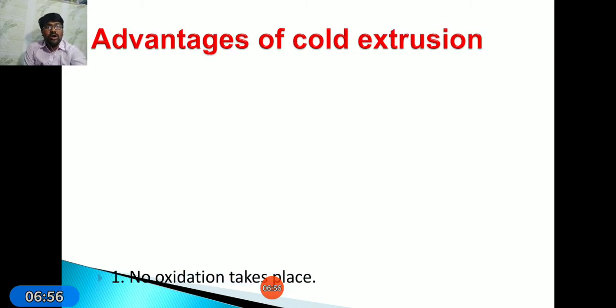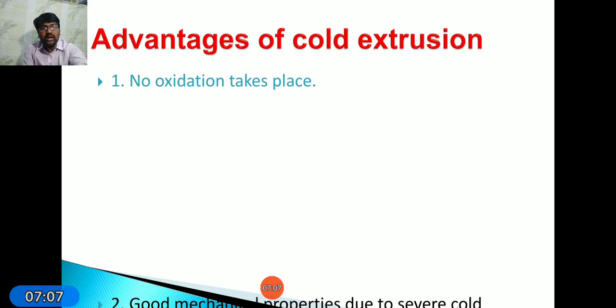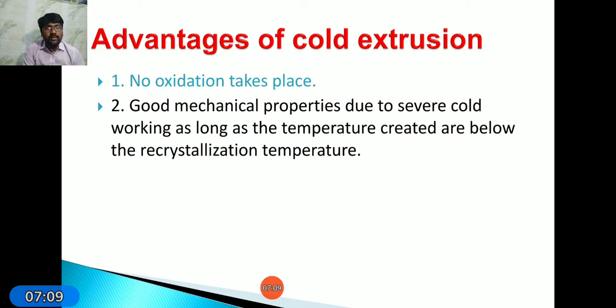Next, coming to advantages of the cold extrusion process. In this process, no oxidation takes place because here we are not increasing the temperature of the workpiece. Next, good mechanical properties due to severe cold working, as long as the temperature created is below the recrystallization temperature.